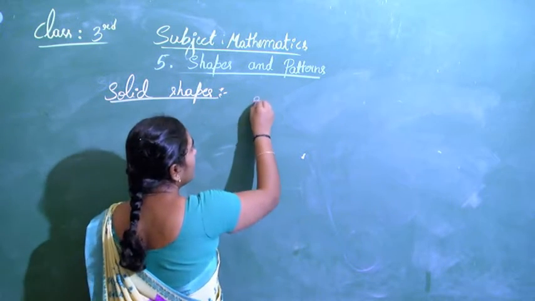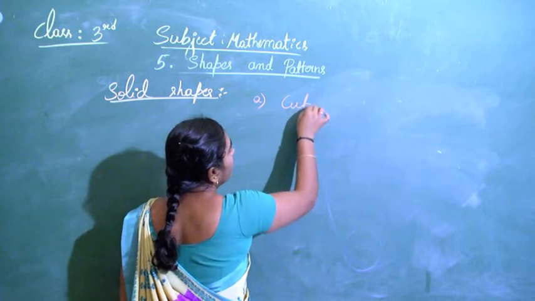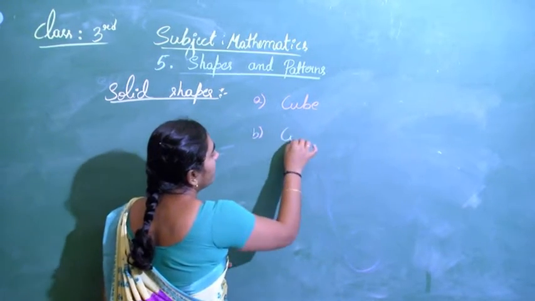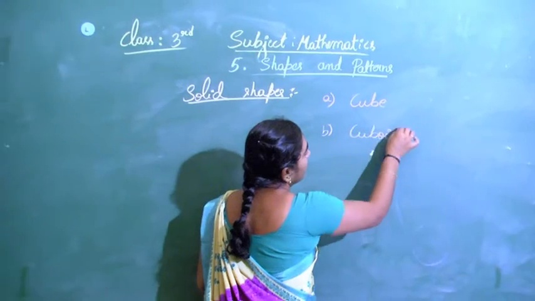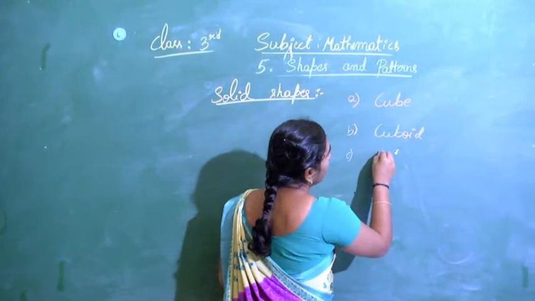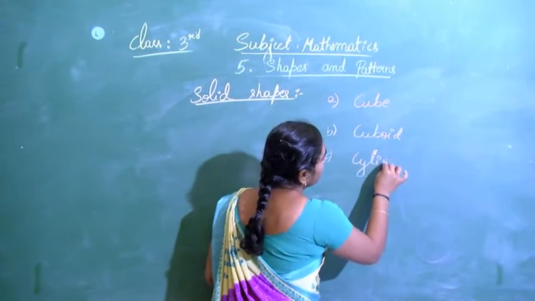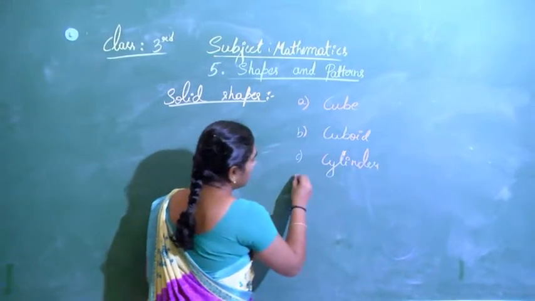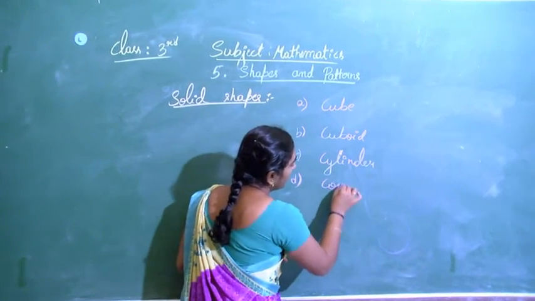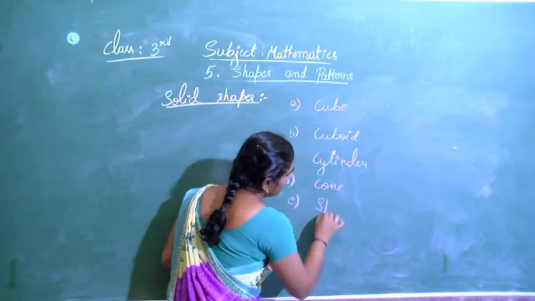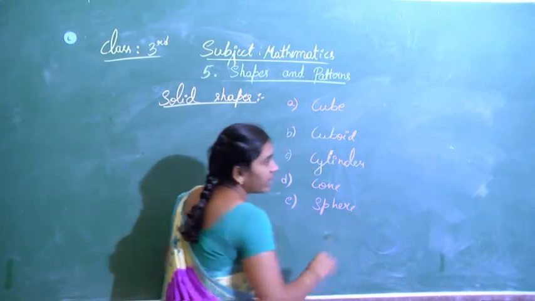There are first one cube, second one cuboid, third one cylinder, the next one cone, and the last one is sphere. These are the 5 shapes.